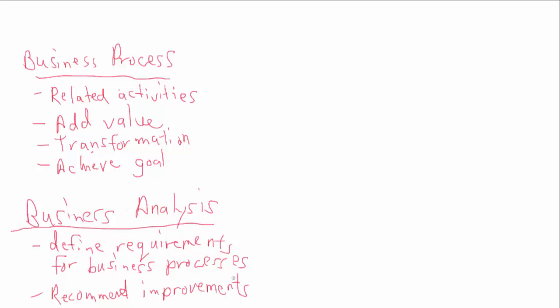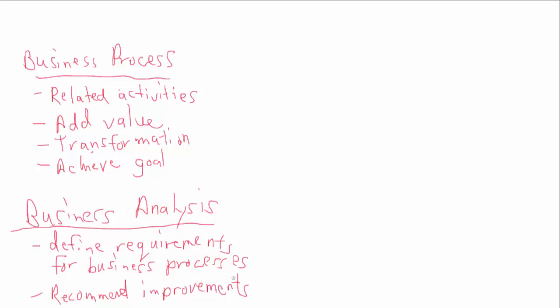So we've got a business process, related activities. They add value to the organization. Resources are consumed in performing the business process. It's transforming some kind of an input into an output with more value. And it's achieving some kind of business objective, some type of business goal.